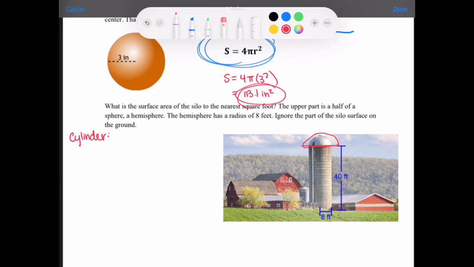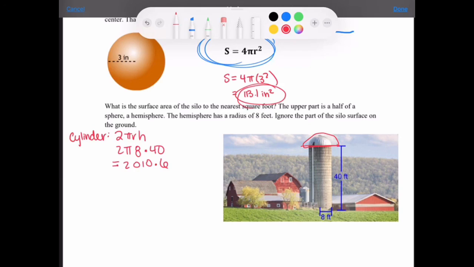Okay, so our formula for the surface area of a cylinder is going to be 2 pi RH, which is 2 pi times the radius, which is 8, times our height, which is 40. And that gives us 2010.6.